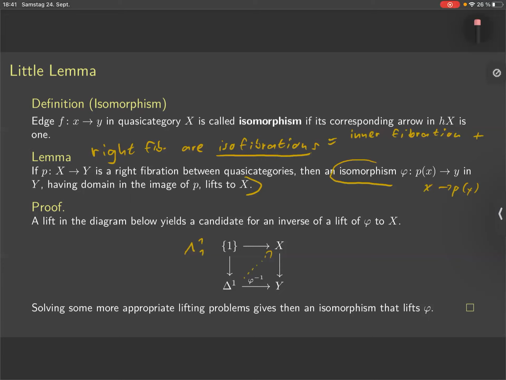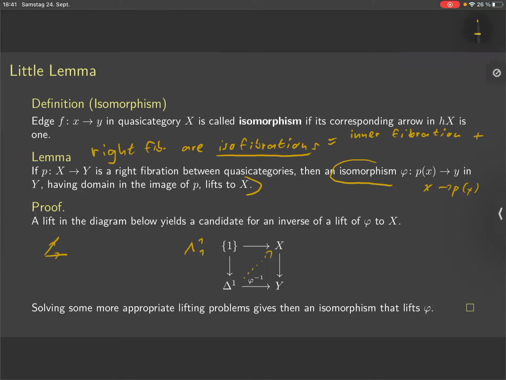The reason for this is we have to find a few more lifting problems and lift them all. If we do it all, we get some edges, and the compositions always become the identity. Essentially, we only need to consider these problems that lift like this.